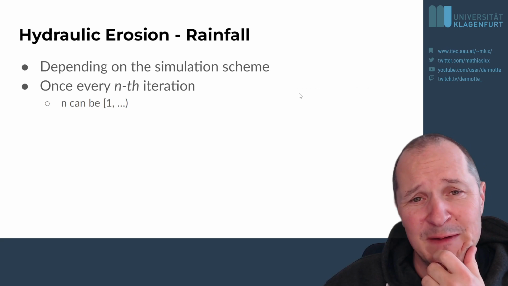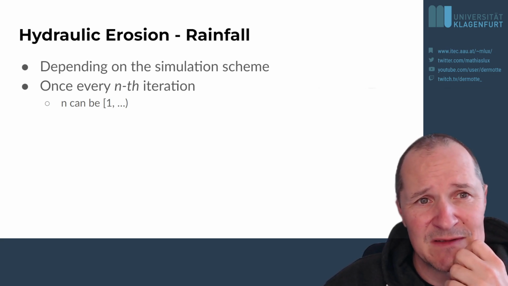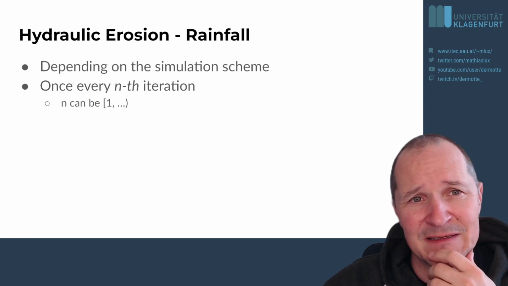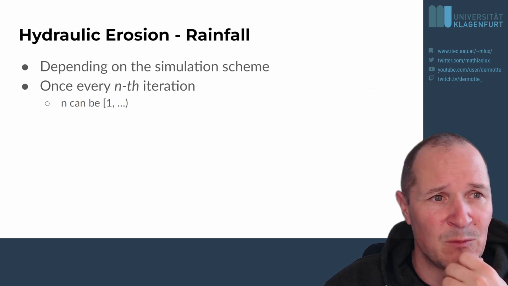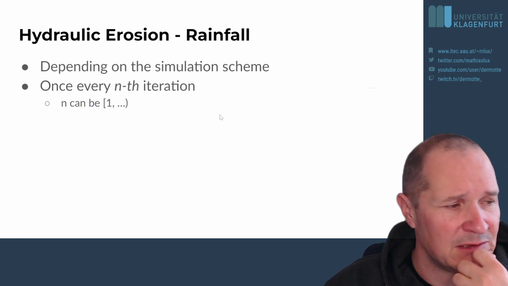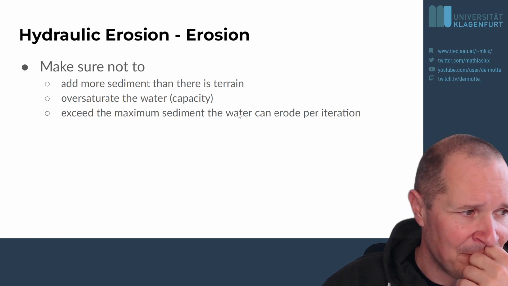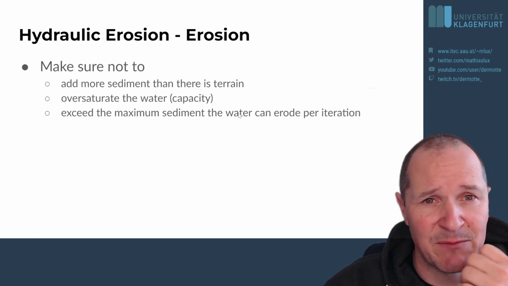But there are several things to consider. For instance, the rainfall. Depending on the simulation scheme, the rain can come down every nth iteration and can be 1 or more. So it rains every 10th iteration, for instance. For the erosion, you actually have to make sure that some things are closed loop.